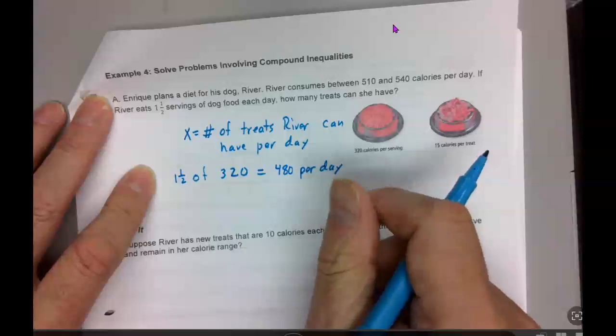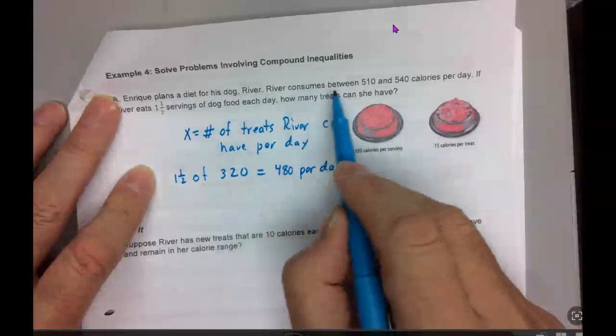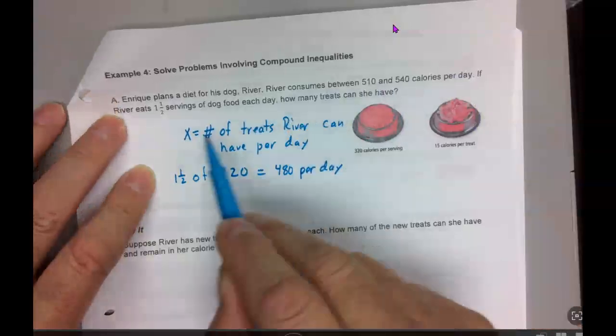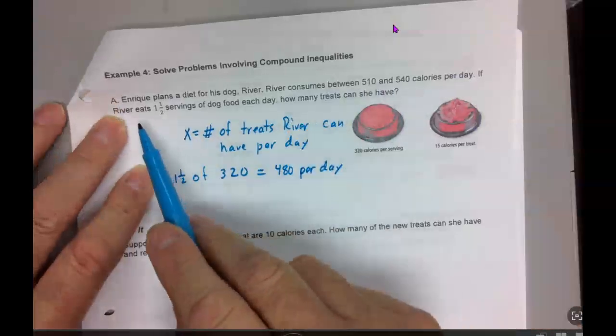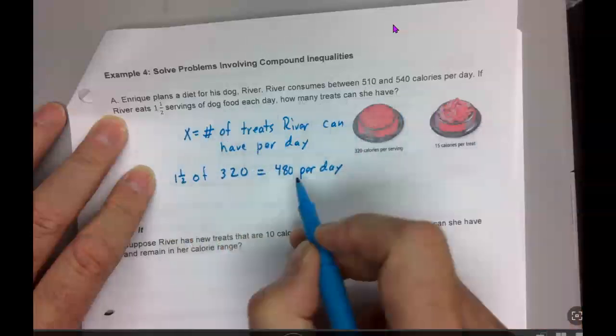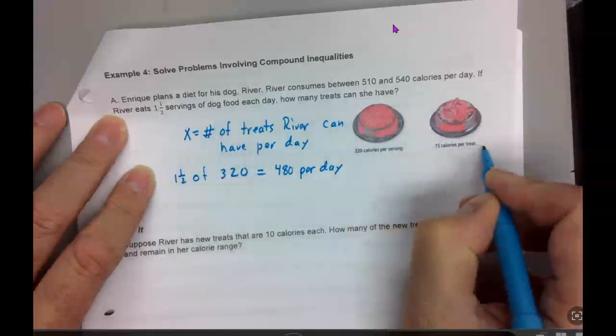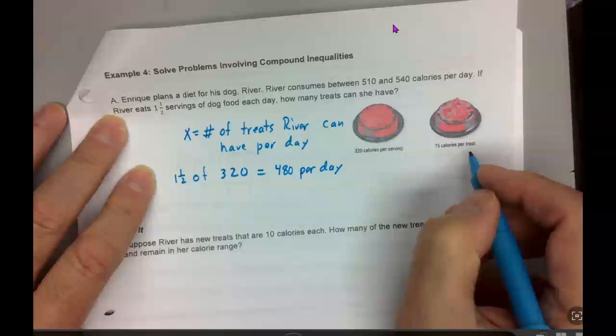So if I want to write, River consumes somewhere between those two per day. If River eats 1.5 servings of dog food each day, how many treats can she have? So I'm going to let X be the number. So there's 15 calories per treat.